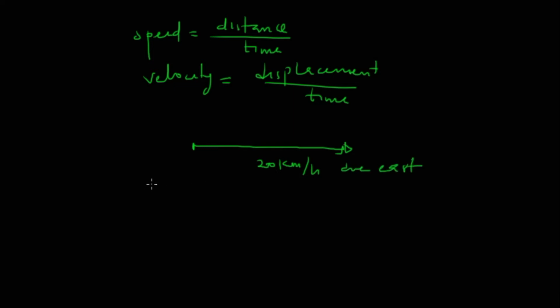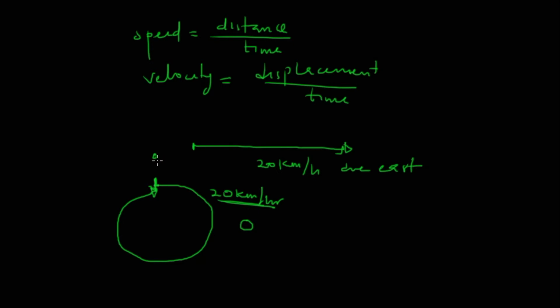Let's say that a bicycle rider rides a bicycle from this point back to this point at probably 20 kilometer per hour. This is the speed of the bicycle, but the velocity of that bicycle is 0, because just like the former example, he had not moved at all with respect to an observer, because he is back to his original position.